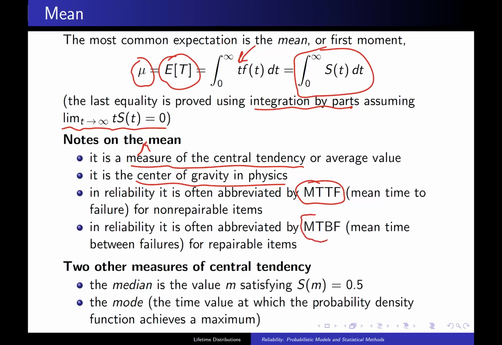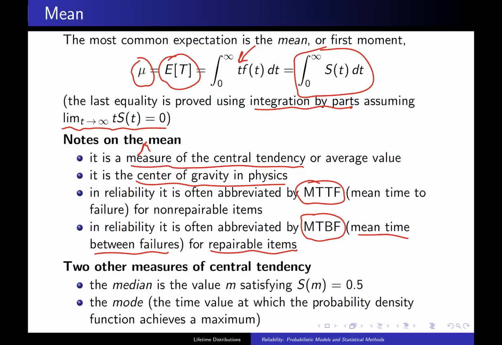Even though this is a term that people like to avoid, sometimes for a repairable item, they use mean time between failures. The reason this term is not used often is it doesn't tell you whether the repair time is included, and for that reason it's falling out of favor a bit.